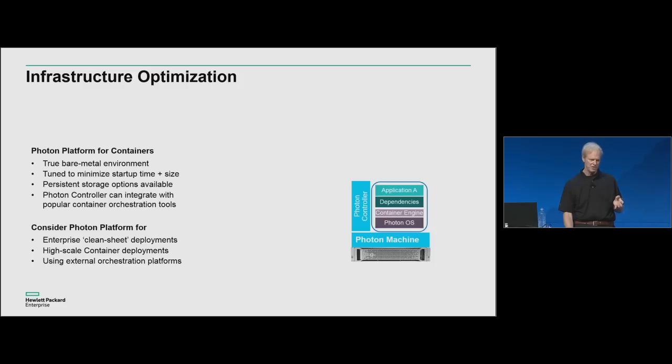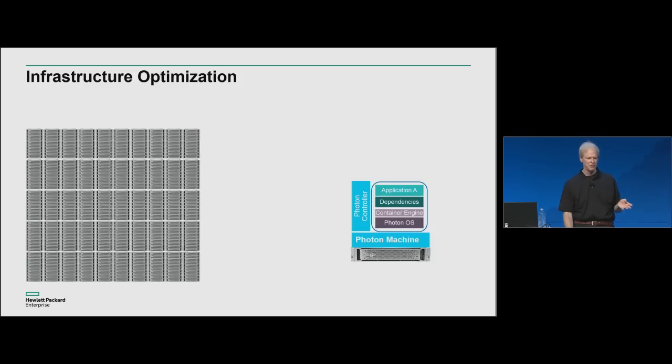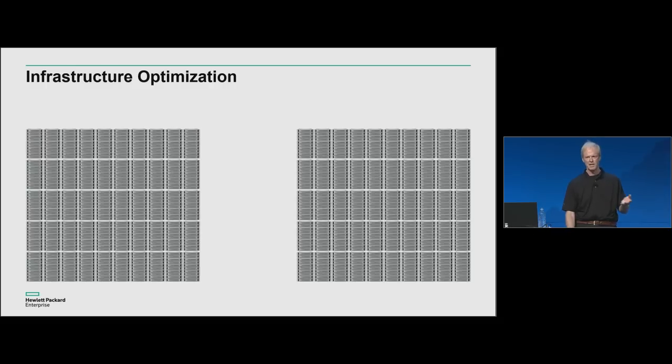But typically, you wouldn't use one of them. You'd use like 500, each running multiple containers, some of which have persistent storage mapping, or you'd have 1,000 or 2,000 or 10,000. I've seen customers talking about thousands of bare metal systems.